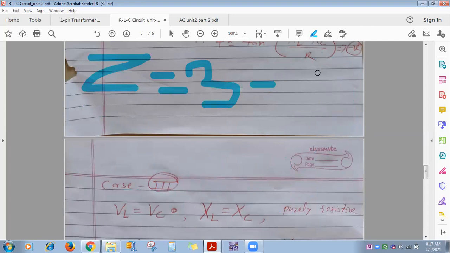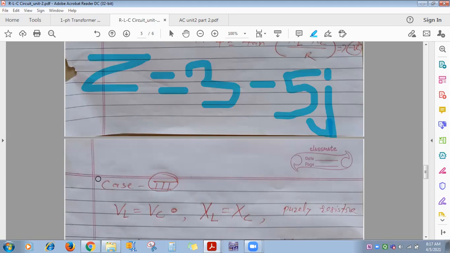And suppose it is given to you that Z is equal to 3 minus 5j for a series RLC circuit. Is it more inductive or more capacitive? More capacitive, right?